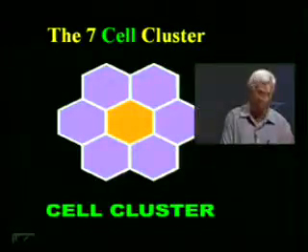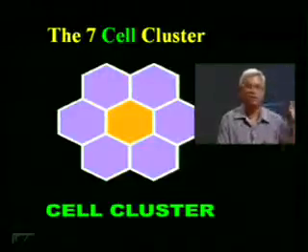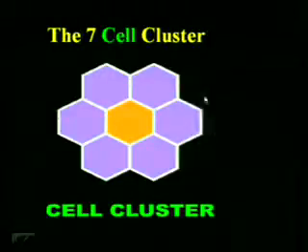This is one of the 7 cell clusters taken from the big cell structure. So, that was the 7 cell cluster. This is the 3 cell cluster.